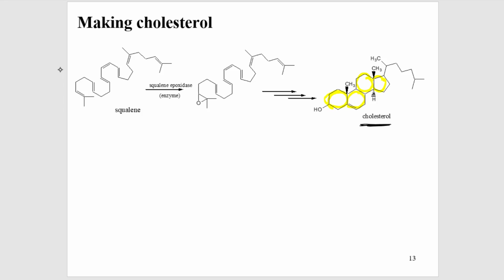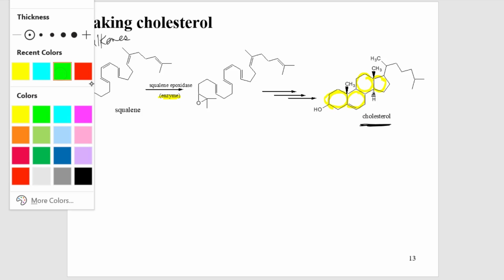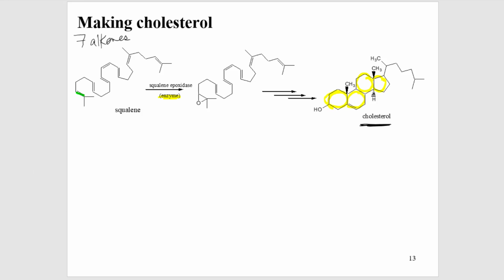specific our body is: it has an enzyme called the squalene epoxidase enzyme. And what's so magnificent about this enzyme is, count them up. We got 1, 2, 3, 4, 5, 6, 7 alkenes in this molecule. And you know what? Only this one gets epoxidized.